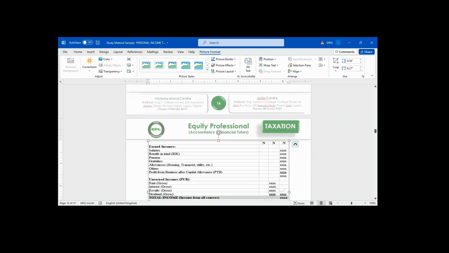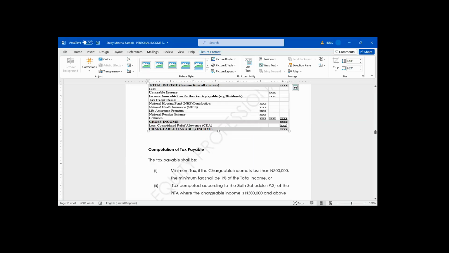This chargeable income is the income that you are going to use to calculate your tax, the income that your tax rate is going to be based upon.